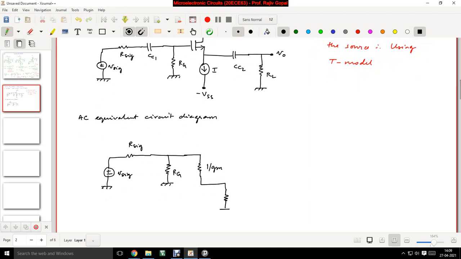CC2 is shorted, so this is RL, and this is V0. Here I have a dependent source, I'll call this I, and this is connected to ground. This time let me consider R naught, the resistance between drain and source. So call this R naught.